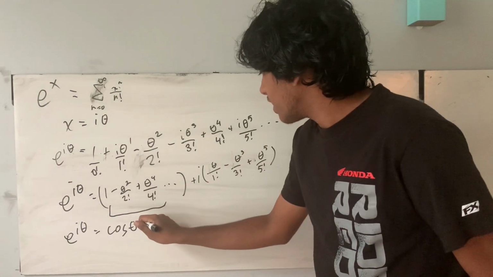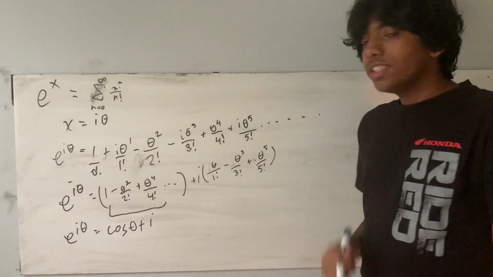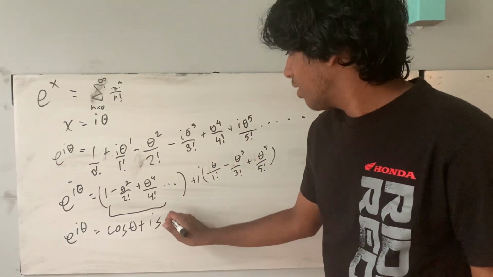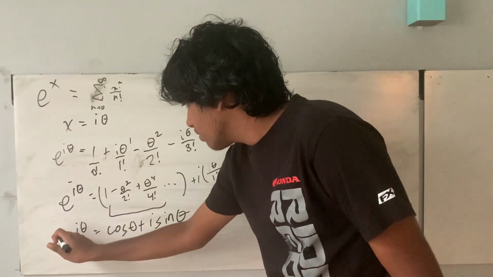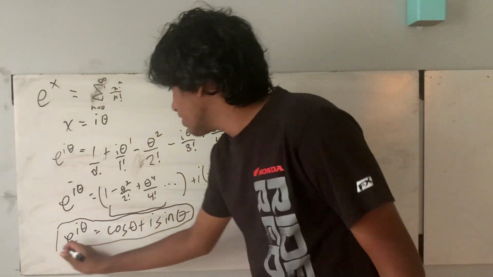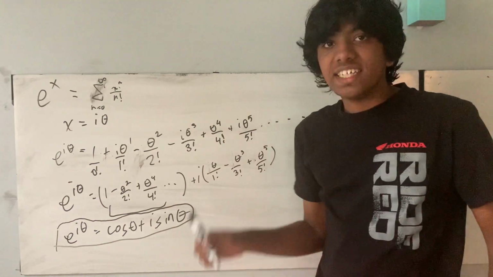Let's write that i plus i down, since we factored that out. This is sine theta. How cool. So now we have a neat little identity for us to exploit in the complex realm using Taylor series. e to the i theta equals cosine theta plus i sine theta.